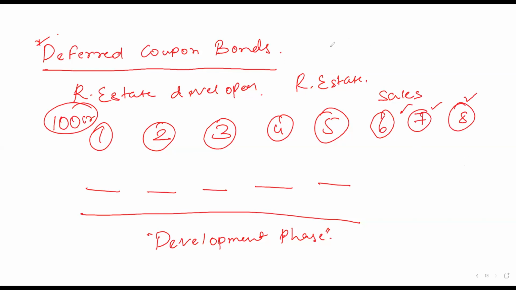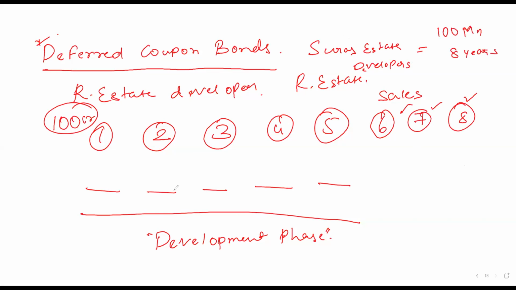So let's say Suraj Estate Developers is a development corporation which has issued a bond worth rupees 100 million for 8 years.